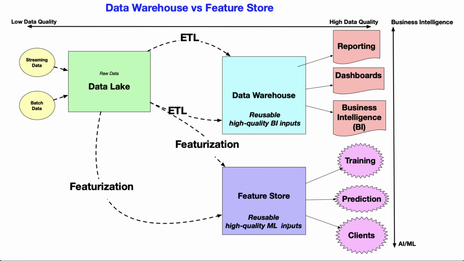You're trying to do prediction and training, and you have clients that consume this data. I think that's the best way to reason about the differences: a data warehouse is for humans and a feature store is for machines. A data warehouse is really designed for reporting things, while a feature store is designed for training machine learning models, and you still need some of the same processes for both.